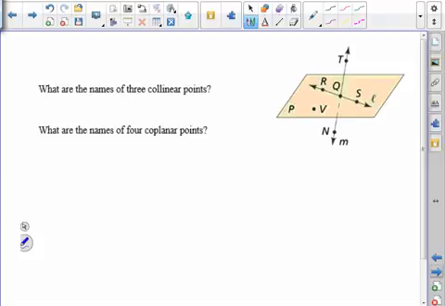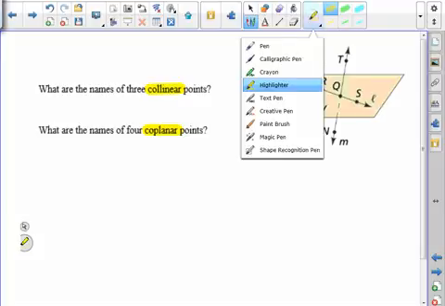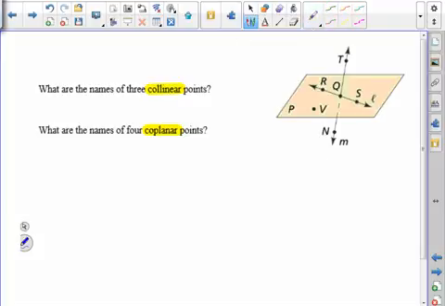All right. Now, here is a little bit of vocabulary that you may need to know. We have 2 terms here. I have collinear and I have coplanar. All right, well, what do those mean? Well, if people work together, they're called co-workers. So collinear, this means that I have things that are on the same line.